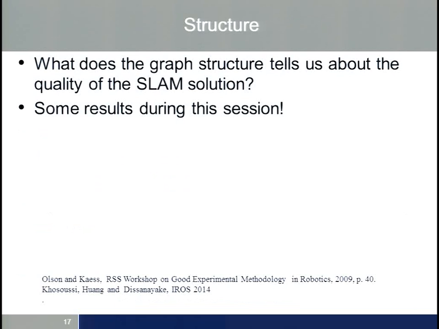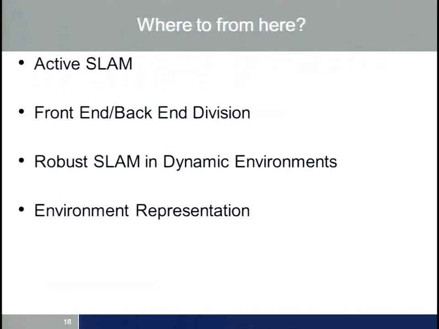I'm going to have a 3-minute talk later this session to show some of the results we got in this area. So the three aspects, the dimensionality, linearity, and structure, turned out to be the three key insights we got into this interesting problem. Where to from here?